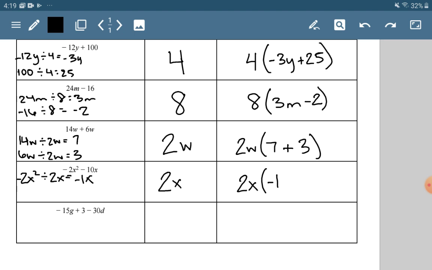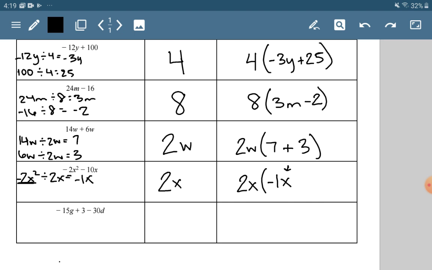So it's giving me a negative 1x on the inside. Again, just like above, when I only had 1 W for each, if I took it out, it was gone. However, with this term, the negative 2x squared, I have 2 x's, and I'm only taking one of them out, so there's still 1 left over in this part of my answer.